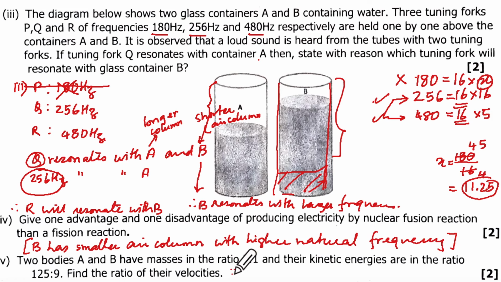And then you will say, since 480 hertz is greater than 256 hertz, therefore the frequency of R will be greater than the frequency of Q, and that is why.